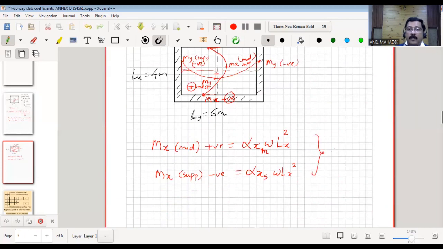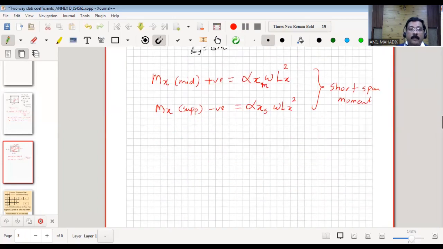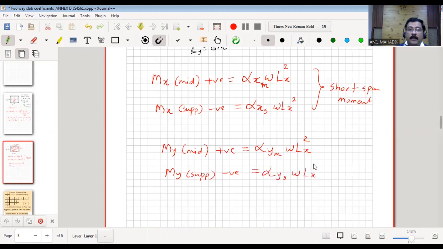So these are your short span moments. Then again for the longer span My, there will be two moments, My mid positive. Now in this case it will be alpha y, let's say mid, WLx square. See, Lx remains the same. My support negative, alpha y support WLx square.